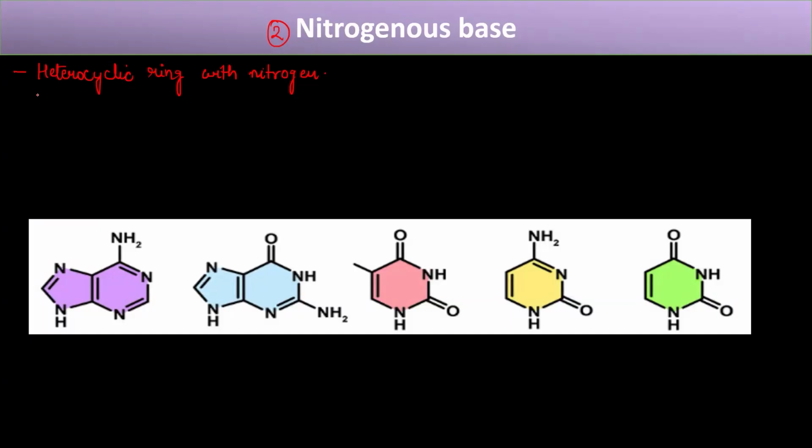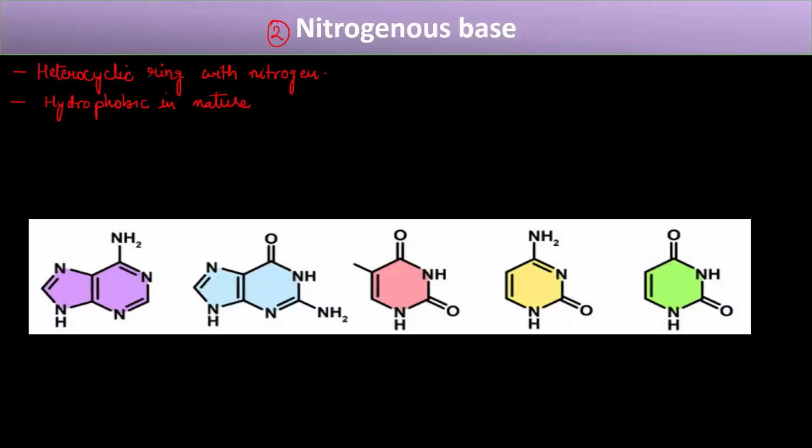Okay. Now, if we talk about the nature of this nitrogenous base, these are hydrophobic in nature. The nitrogenous bases are hydrophobic in nature, just like in the case of lipids, we saw that the tail portion is hydrophobic in nature.